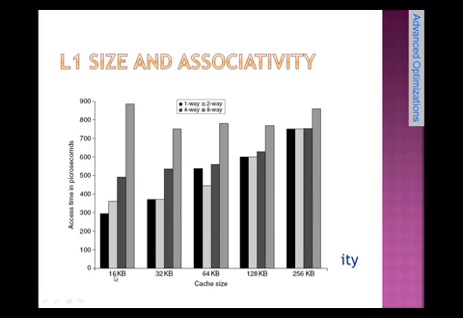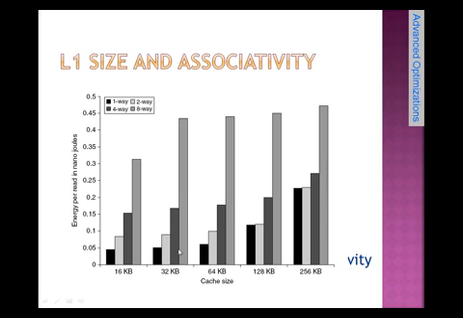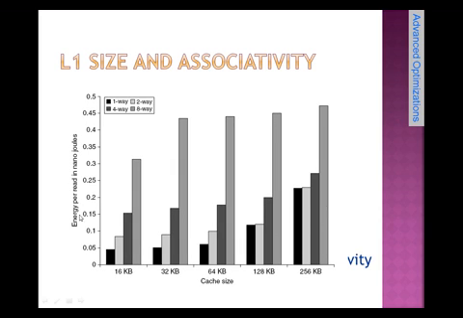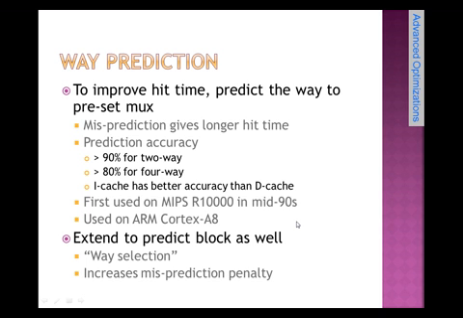These are represented for different kilobyte sizes. This is the cache size, then 16, 32, 64, 128, 256. This is the access time.